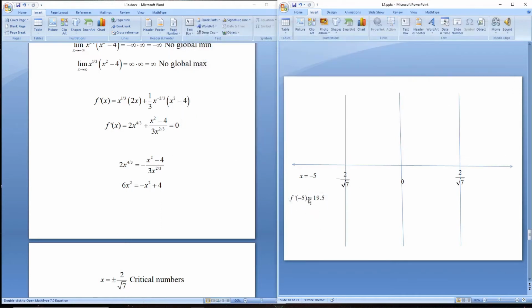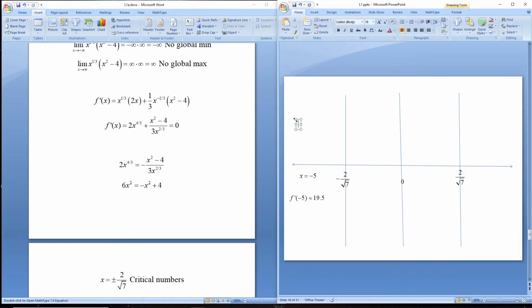So I did that behind the scenes with my calculator there. And this number is positive. And so that tells us then the function must be increasing in this region. The derivative is positive. The function is sloping up. So it must be increasing.